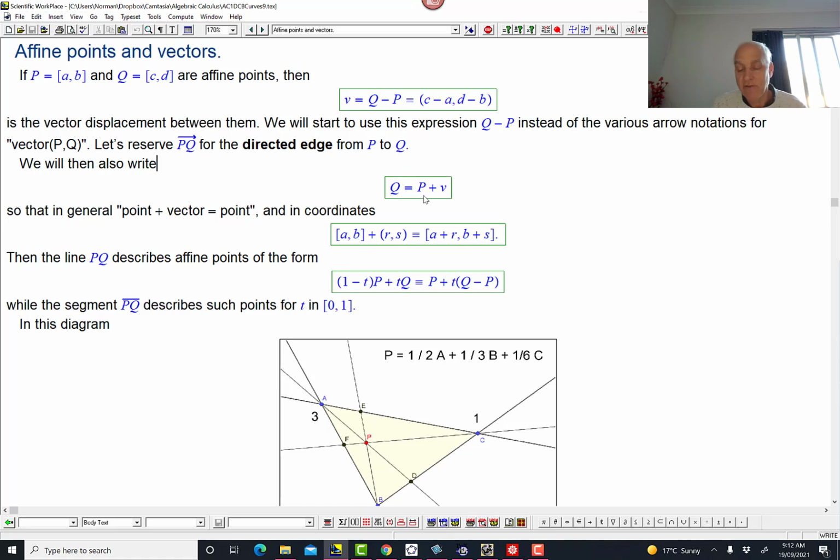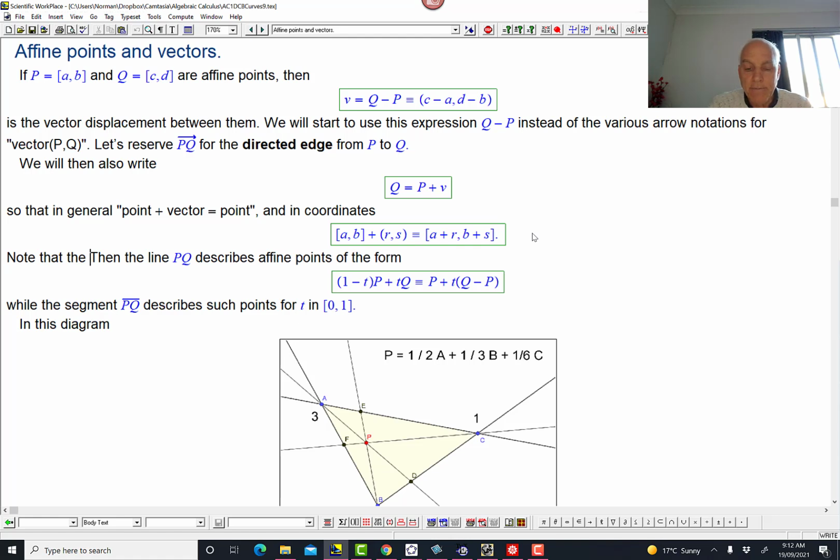Typically for us, points are capital letters and vectors are small letters, and in terms of coordinates, points are square brackets and vectors are round brackets. So it shouldn't be too hard to distinguish them. We are not going to allow, for example, the expression v plus p. That's not going to be defined for us. P plus v makes sense. And in terms of coordinates, the point [a, b] plus the vector (r, s) gives us the point [a plus r, b plus s].